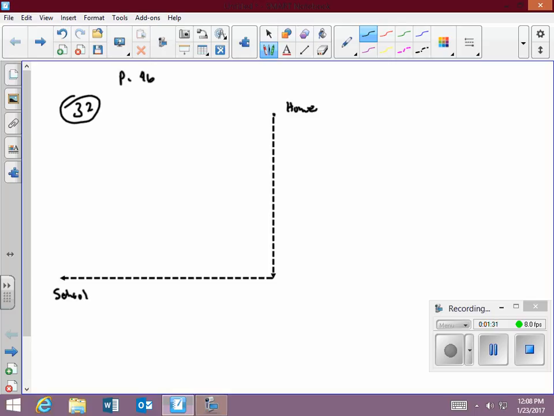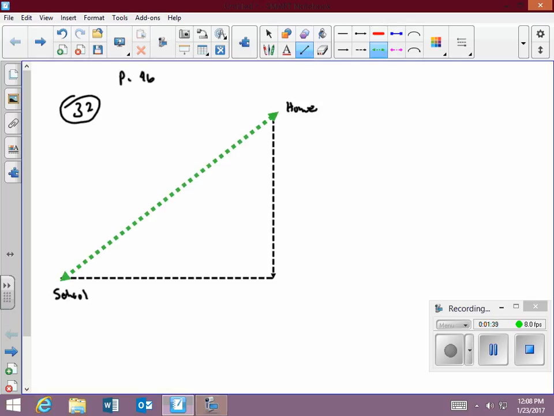Then it says the bearing of the child's home from the school. So what they want is from the school back home. What's the bearing? And the bearing is always from north, right? It depends on that angle.